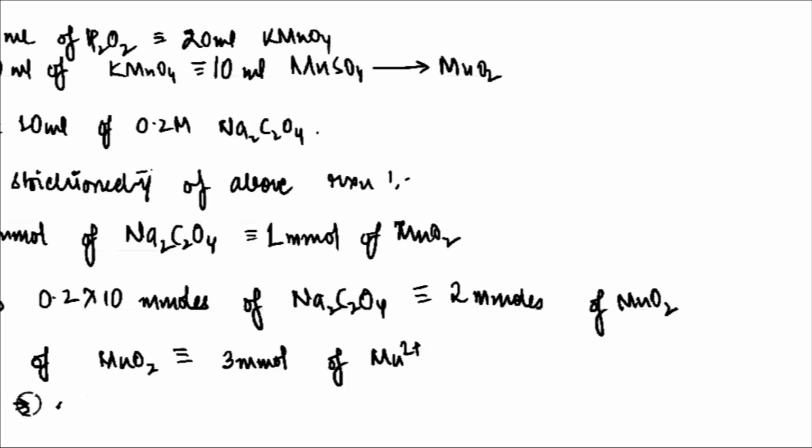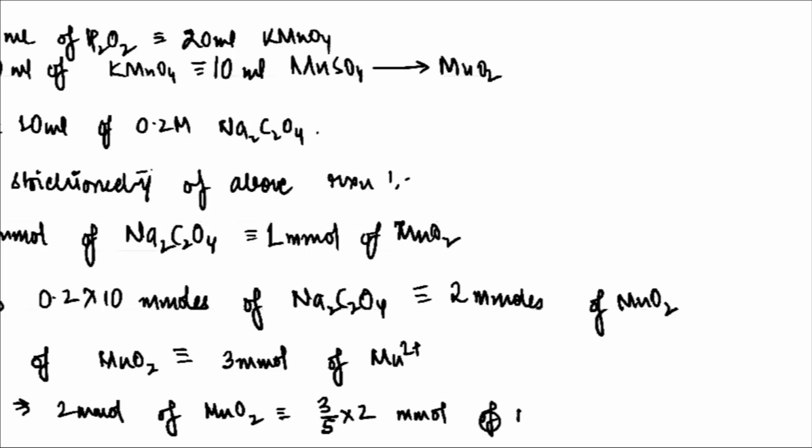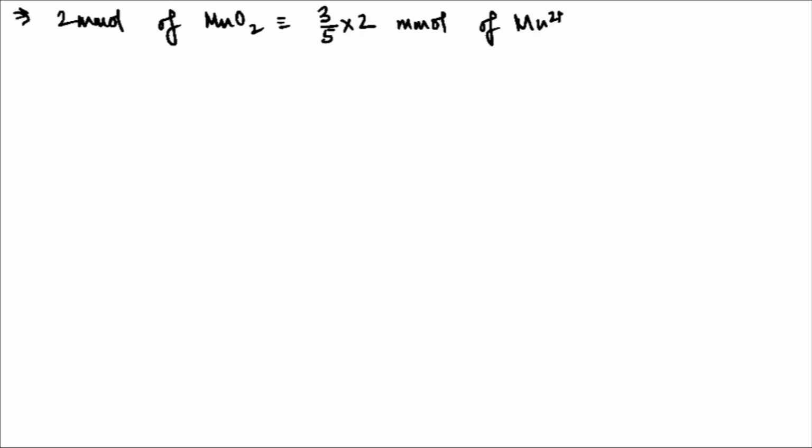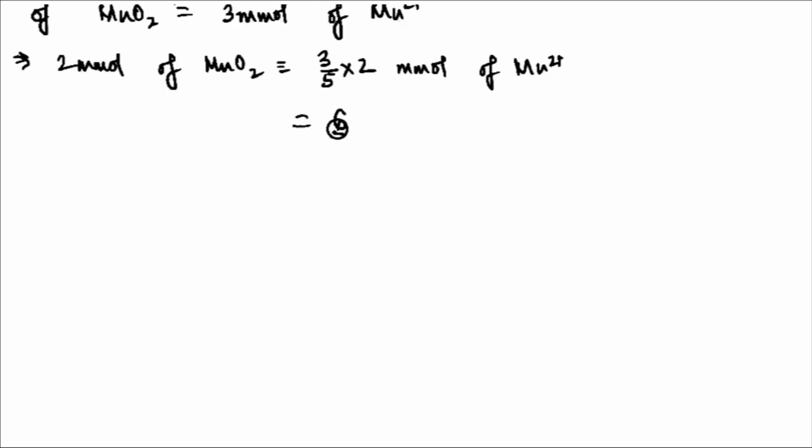Implies that 2 millimoles of MnO2 is congruent to 3 by 5 into 2 millimoles of Mn2+, which is equal to 6 by 5 millimoles of Mn2+ or MnSO4.